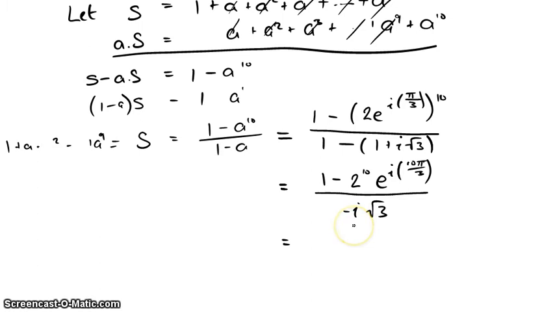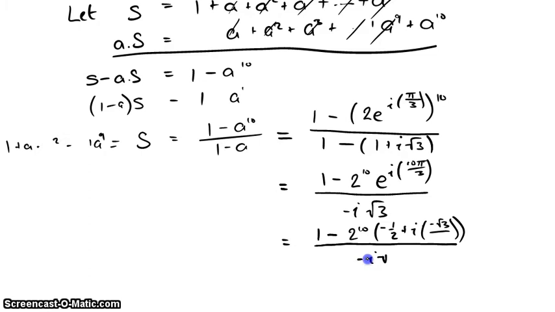So this becomes 1 minus 2 to the 10, and then I can do cosine of 10 pi upon 3, and that turns out to be minus a half, plus i, and then sine of 10 pi upon 3 gives me minus root 3 upon 2. And this whole thing is over minus i root 3.